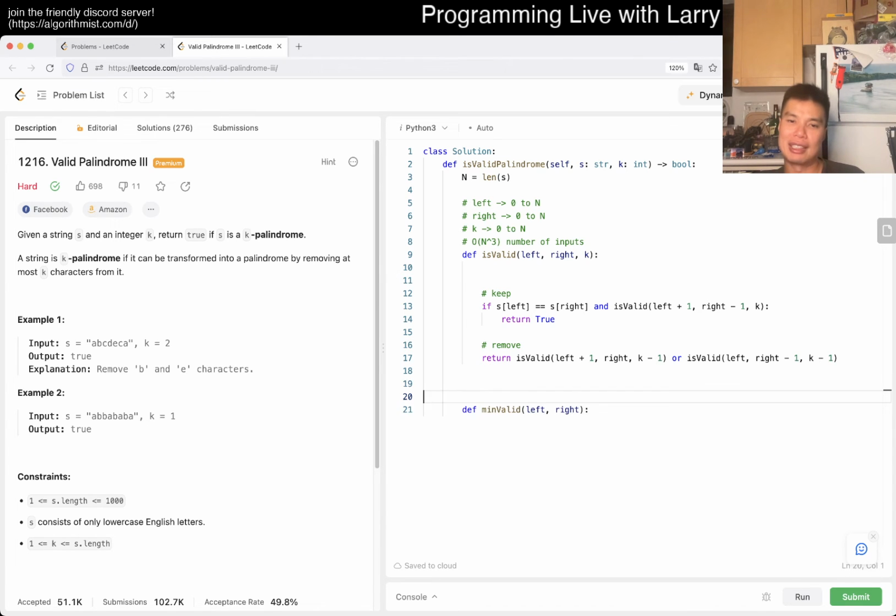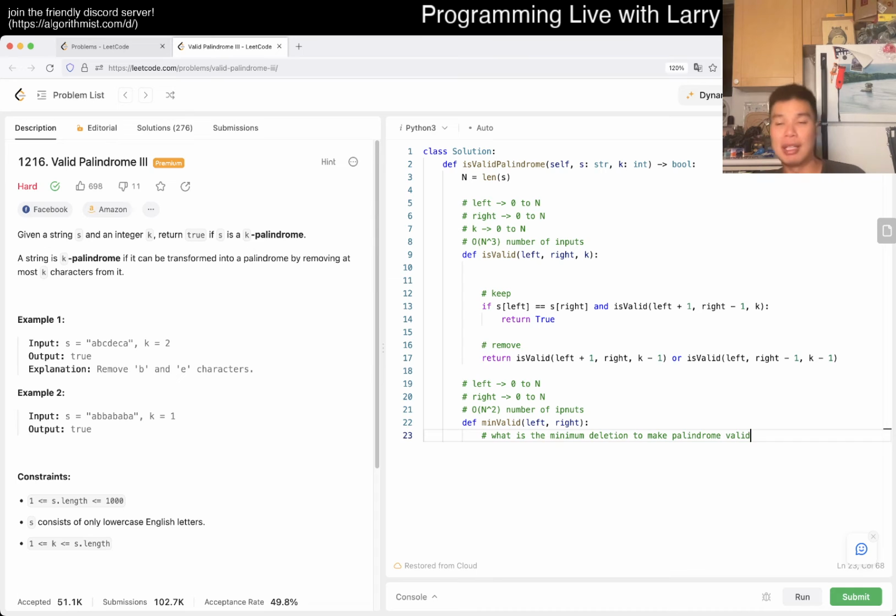So what is min valid? Min valid is that left is equal to 0 to n, right is equal to 0 to n. Again, technically this is from left to n, but okay. Now if we don't have k as an input, then we just have n squared input, which is good enough. The idea here is, what is the minimum deletion to make the palindrome valid?